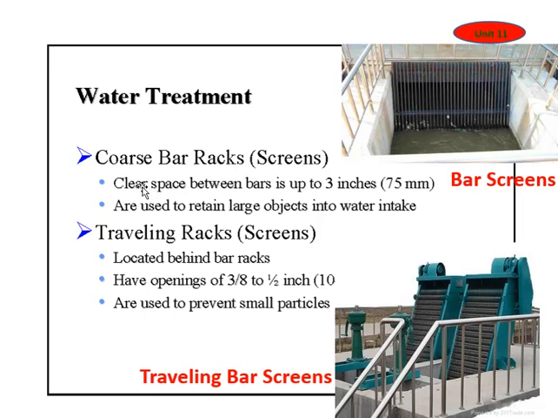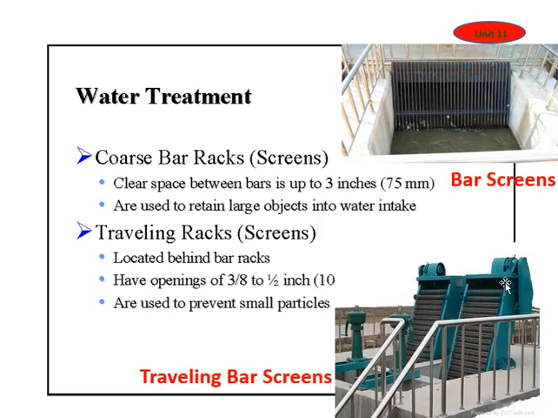So the coarse bar rake screen could be there like this one, and the spacing between the bars could be around 3 inch or 75 millimeter. And it could be a manual one, or it could be a mechanical one like this one. It can rotate with the motor, and it can be stationary. You can clean manually, or you can clean by some mechanism.